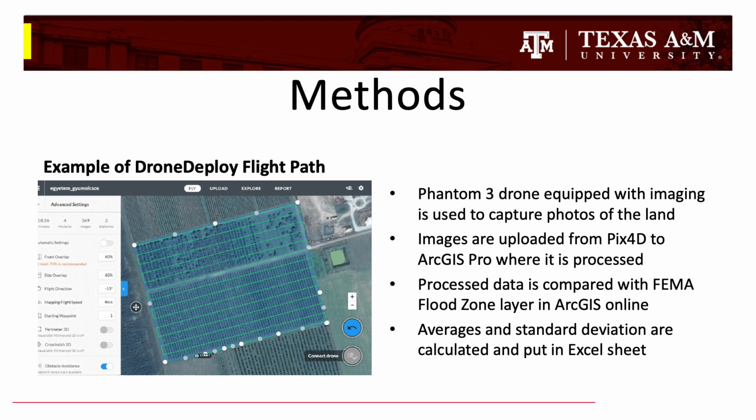Then the processed data is compared and contrasted with the FEMA flood zone layer in ArcGIS Online. After that is all done and the data is all collected and processed, we take the data and put it in an Excel sheet to calculate the average and the standard deviation.